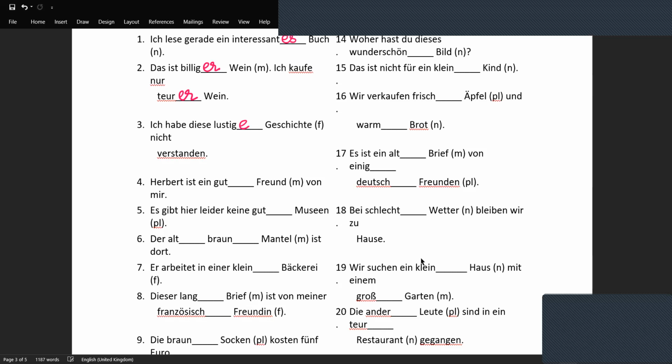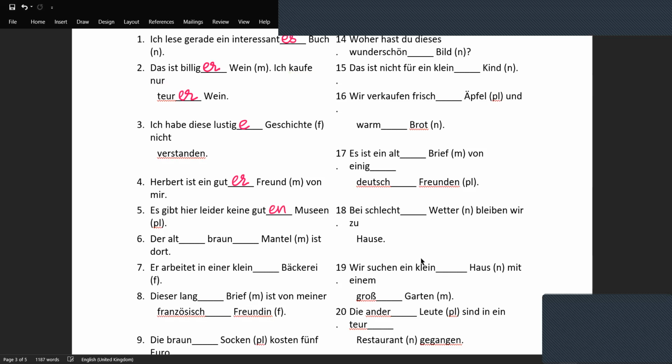Albert ist ein guter Freund von mir. Es gibt hier leider keine gute Musik.